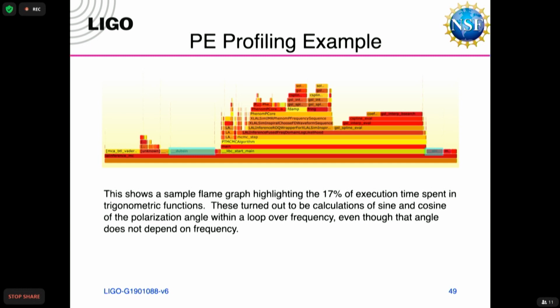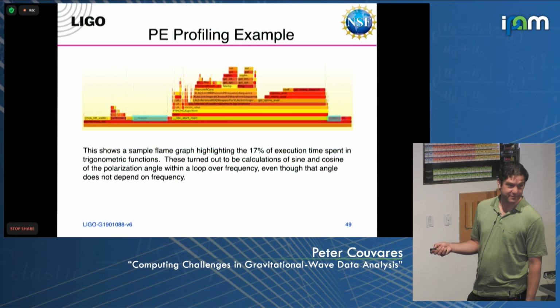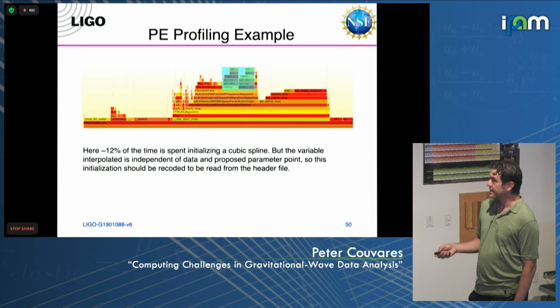You can see that about 17% of the total execution of this code was spent in these trigonometric functions. It turns out these were calculations of sine and cosine of the polarization angle that were within a loop over frequency, but that computation doesn't depend on the frequency. So we were performing the same computation multiple times, when we could have performed it once at the beginning and saved the result. Sounds easy, but these kinds of things are very hard to find in legacy codes.